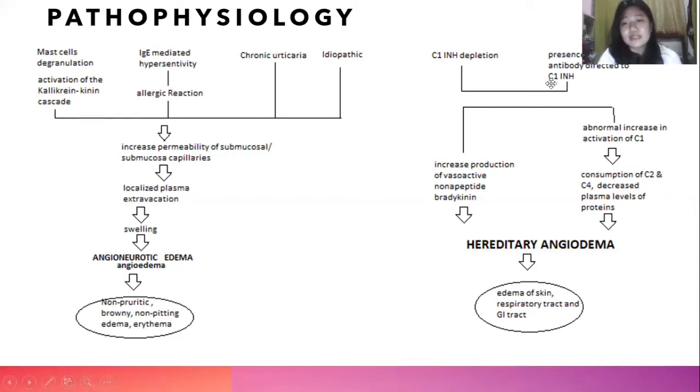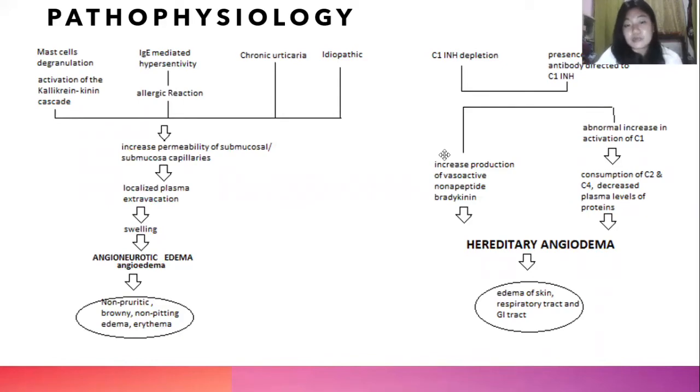As for hereditary angioedema, the very cause is a C1 INH depletion, and there is a presence of IgG antibody directed to C1 INH, causing the depletion. Now, these will then lead to two effects. There will be an increased production of vasoactive nonapeptide bradykinin, causing the edema.